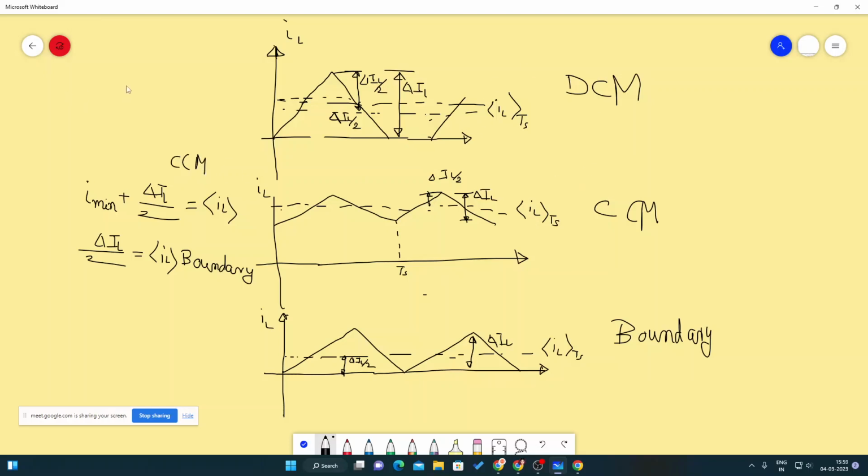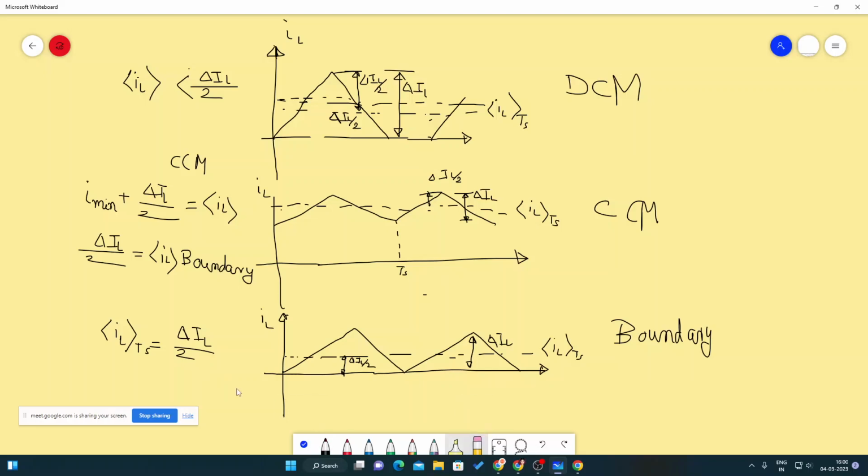What we will observe in DCM is that this delta IL by 2 will be greater than the average. So the condition at the boundary is that the average IL will be equal to delta IL by 2.